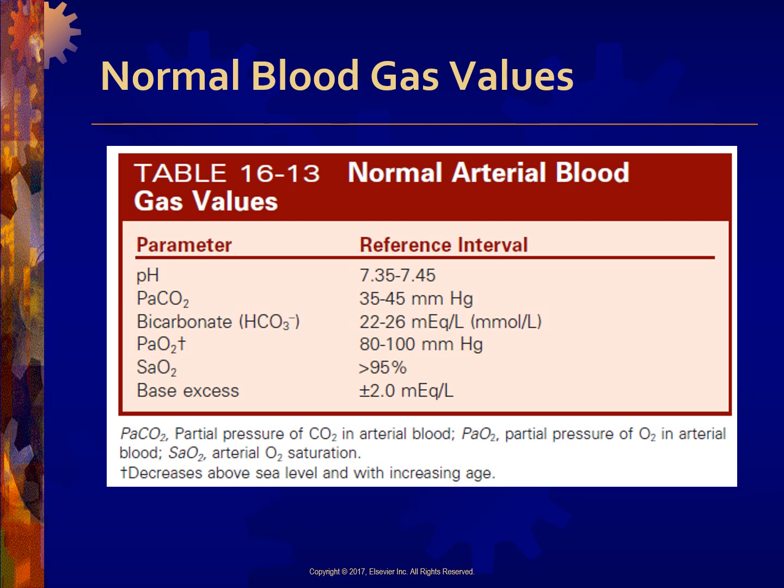And the bicarbonate, think of the numbers, ages that everybody wants to be, between 22 and 26. When we're looking at a blood gas, the oxygen concentration should be 80 to 100. And on someone's pulse ox, that level should be greater than 95%.